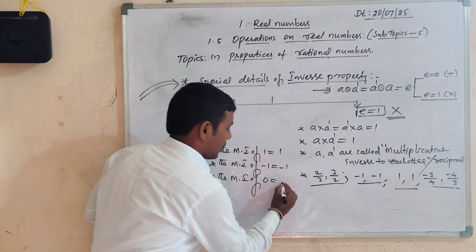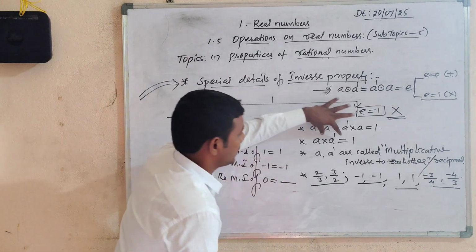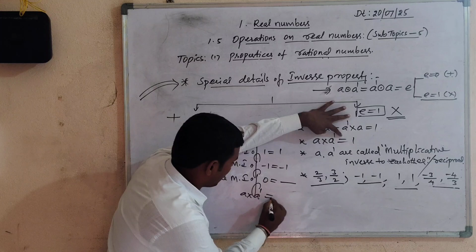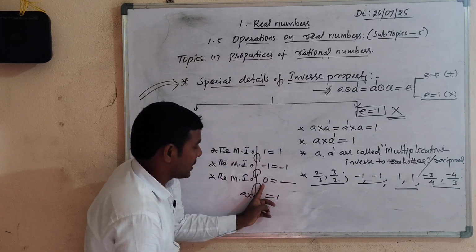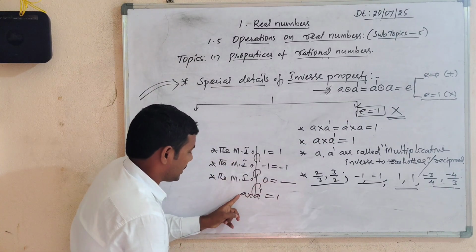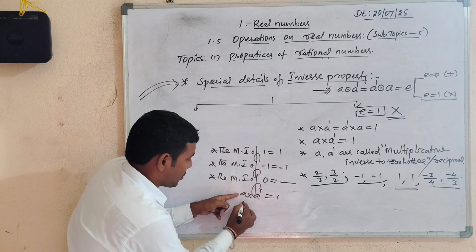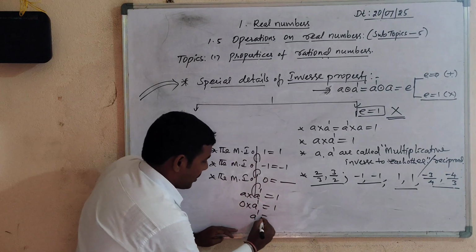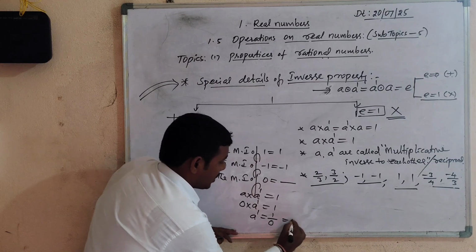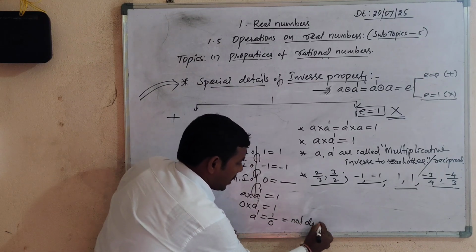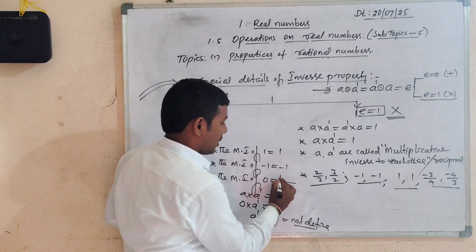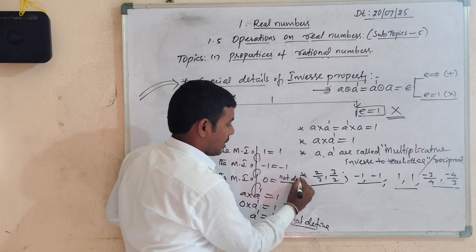To find this answer, we go to this concept. A into A complement is equal to 1. The number given is 0, so consider it as A. Substitute 0 for A: 0 into A complement is equal to 1. Now A complement is equal to 1/0, which is not defined. So the multiplicative inverse of 0 is not defined.